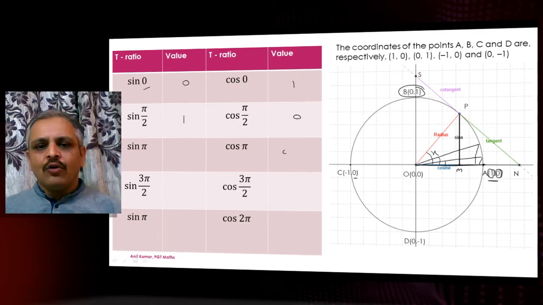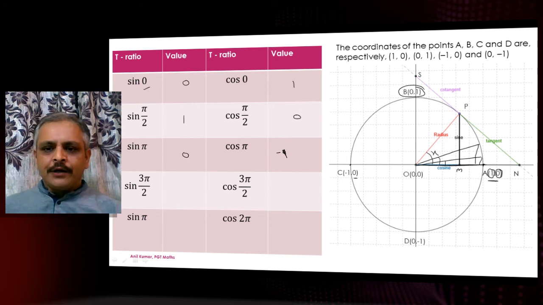At point C, the cos will become minus 1 and sine will become 0. And at point D, the cos will become 0 and sine will become minus 1, and at point A again it will be similar to the values given, that is 1 and 0.